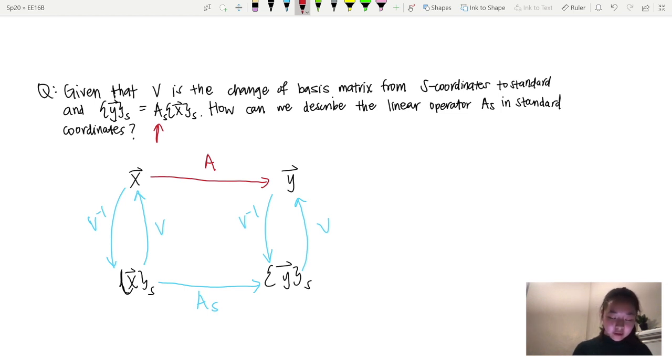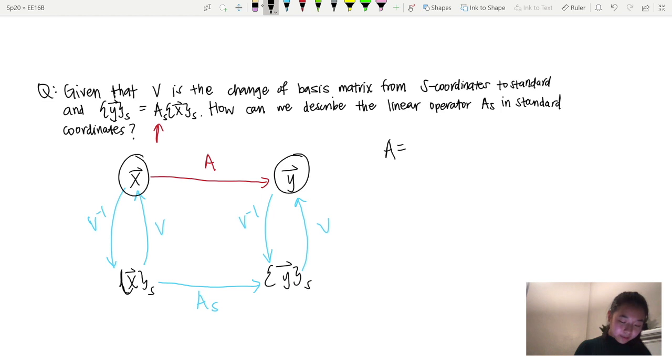Cool. So if we're trying to get A, and we already have V, A_S, and we also have V inverse because we can just take the inverse of V to find out what the value is. So in order to find what A is, you just want to traverse another path along this graph that gets you from x to y.